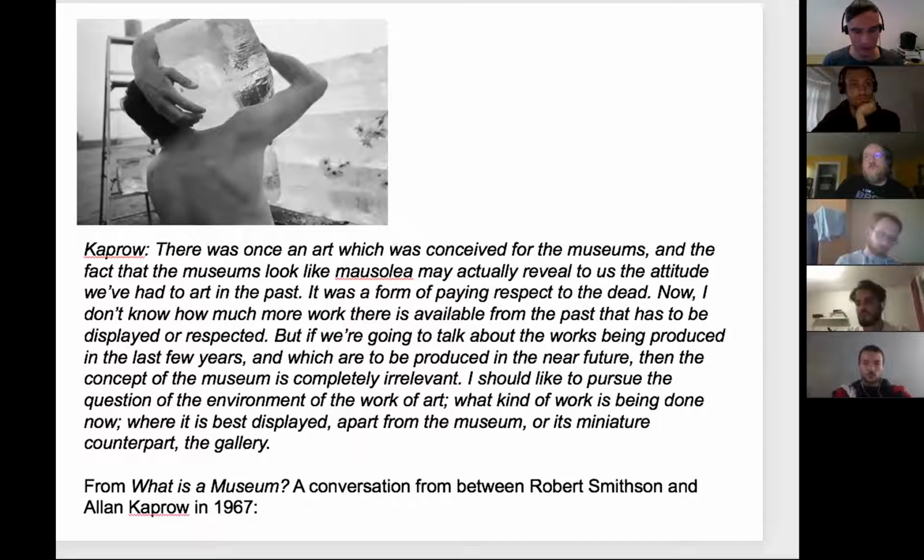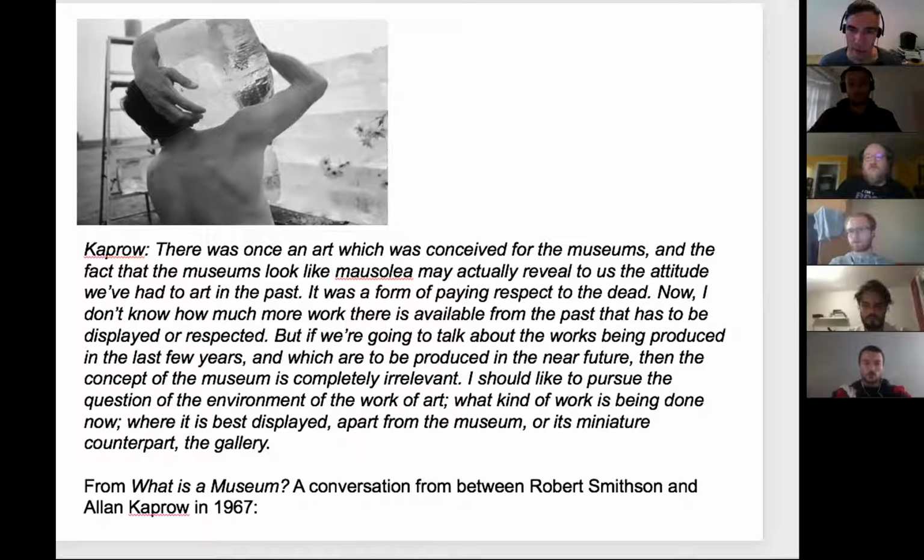And eternity, of course, is limited by the Anthropocene and also heat death and the end of the universe. But the museum is there to ensure some humanly framed notion of the eternal and preservation. So I'll read the quote.